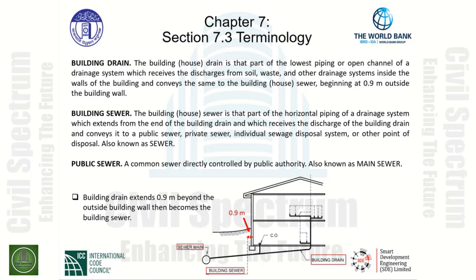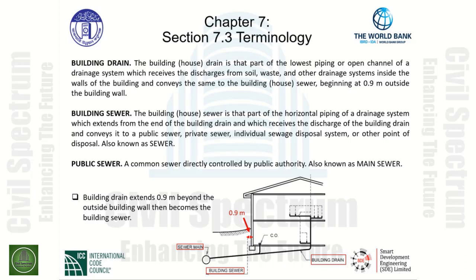As you can see, the graphic at the bottom of the slide indicates the building drain as being the lowest piping indicated within the building. It then extends 0.9 meters from the outside of the building wall. That is where the building drain ends.